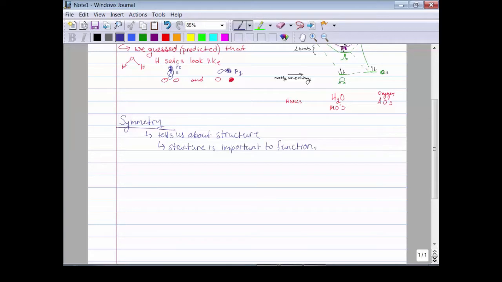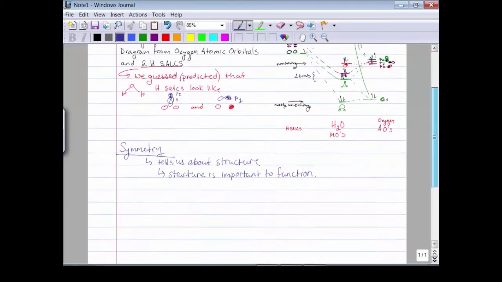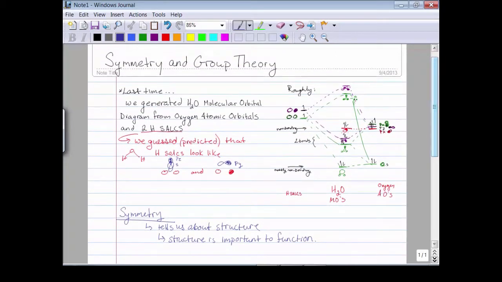I was just reminding everyone of what we did last time. We generated this molecular orbital diagram of water using the atomic orbitals of oxygen and these SALCs, which we figured out by looking at what might match the orbitals on oxygen.